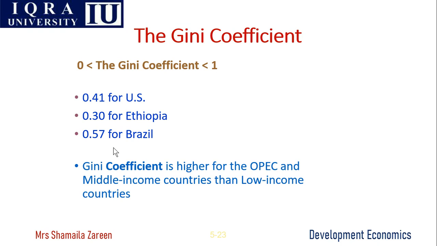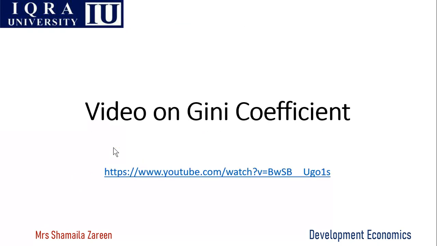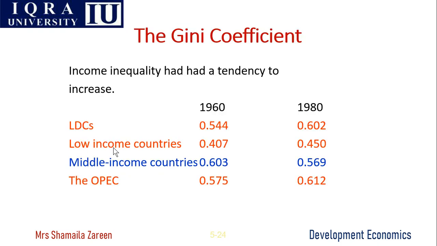Four possible Lorentz curves, such as might be found in international data, show different Gini coefficient values. These are the less developed countries or low income countries, middle income countries, and OPEC.